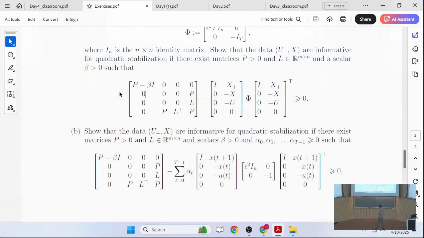So indeed, in the case of sample-bounded noise, you can do better by solving this linear matrix inequality with the T multipliers alpha. In the sample-bounded case, you can improve. Any questions about this?